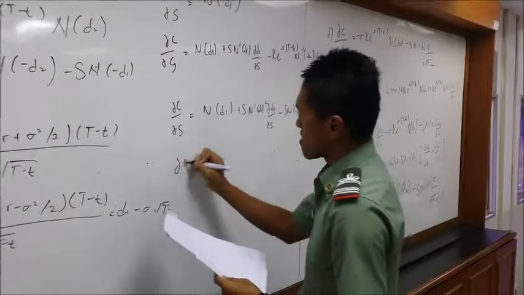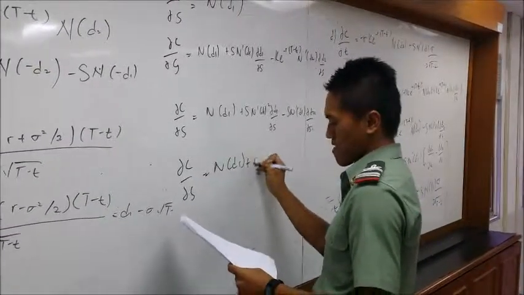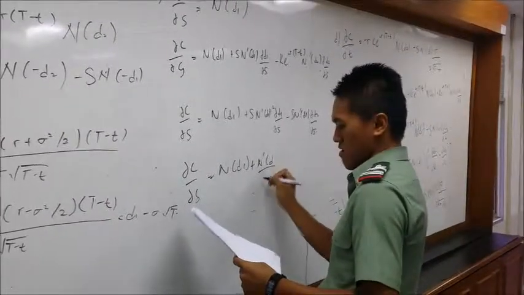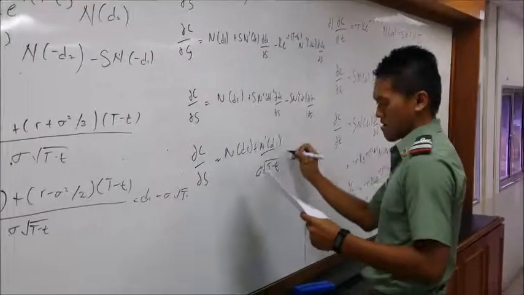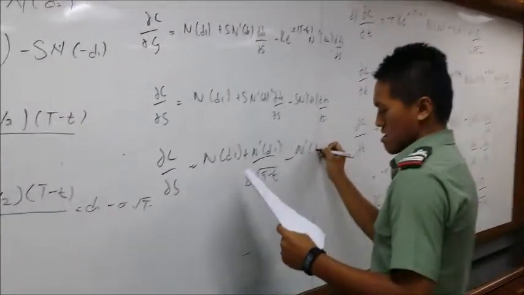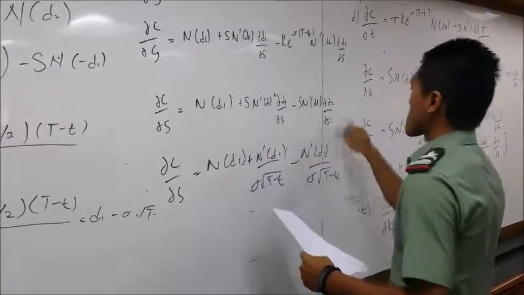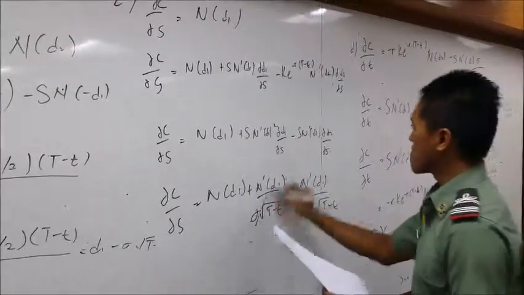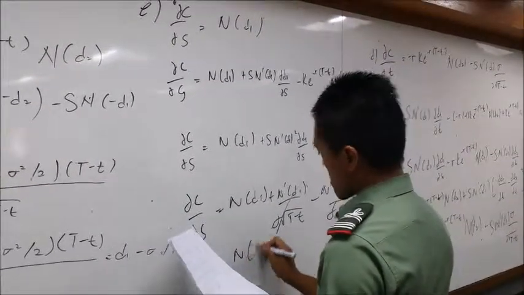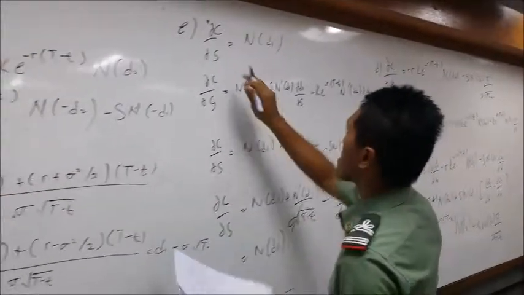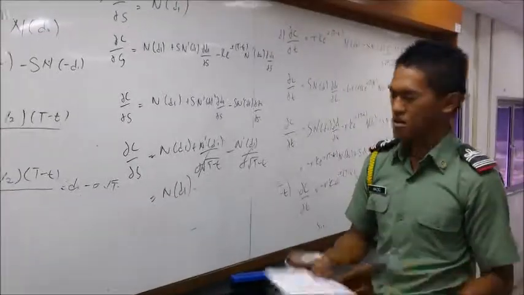So we can solve ∂C/∂S equals N(d1) plus N′(d1) over σ√(T−t) minus N′(d1) over σ√(T−t). These are the same, so we can cancel them off, giving N(d1). So we have proved that ∂C/∂S equals N(d1). Okay, that's all from me for all of the questions. Thank you.